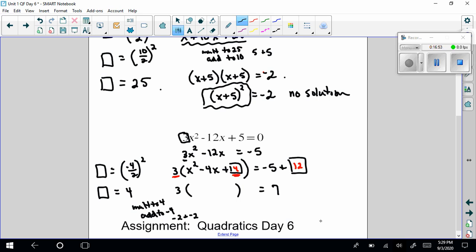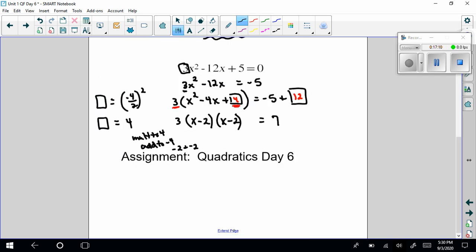So I have x minus 2 times x minus 2. So I'm going to divide both sides by 3. And I have x minus 2 quantity squared equals 7/3.